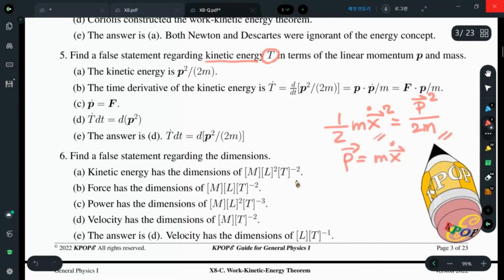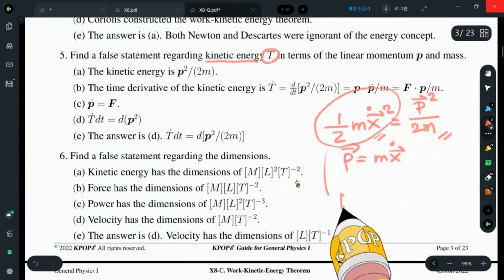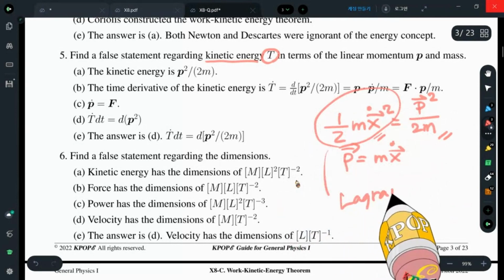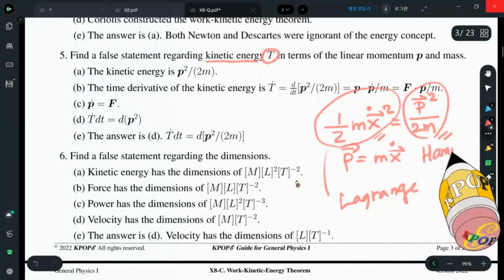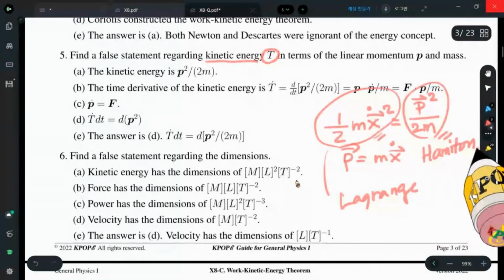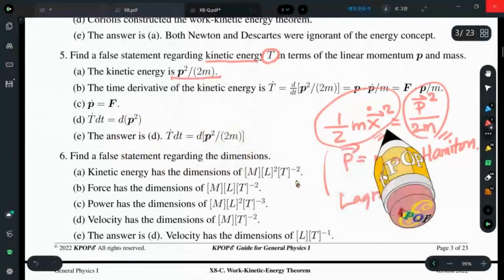In either form, this is the form that Lagrange liked. This is the form that Hamilton liked. So kinetic energy is either this or this.